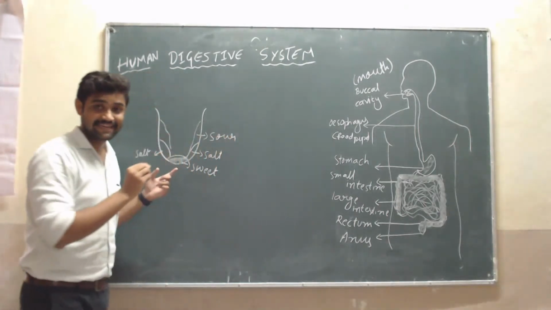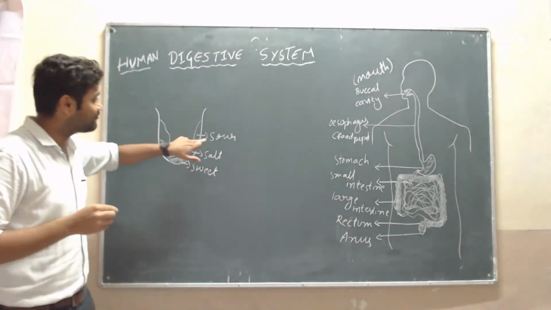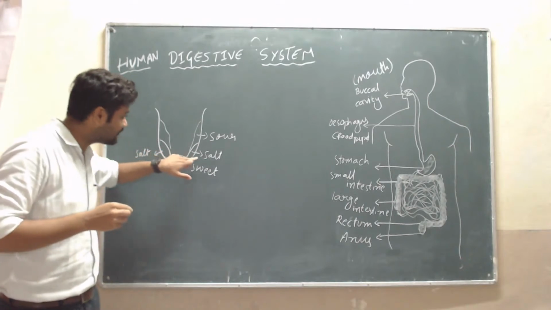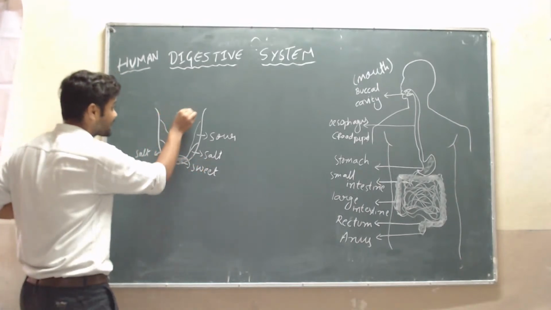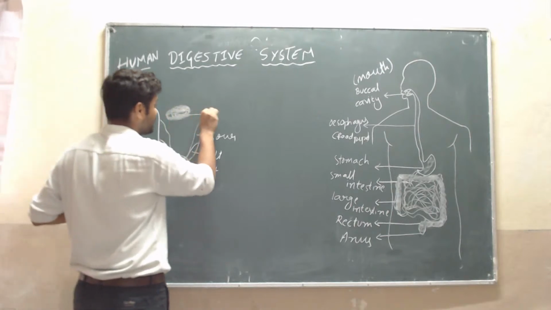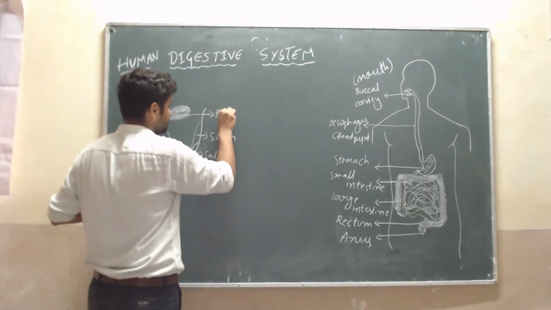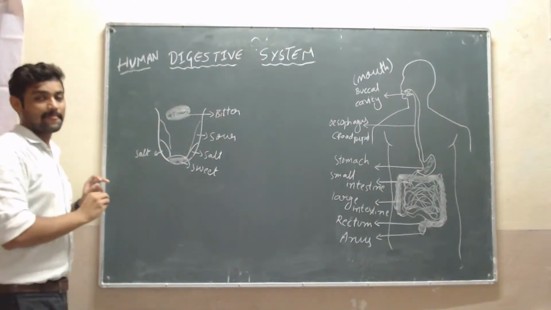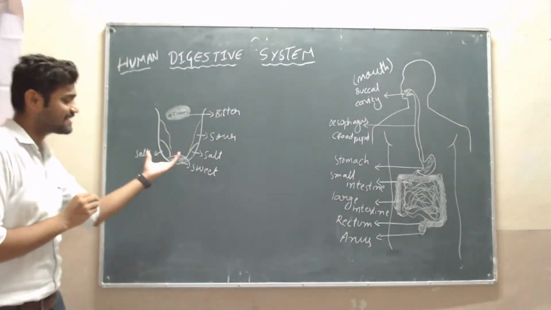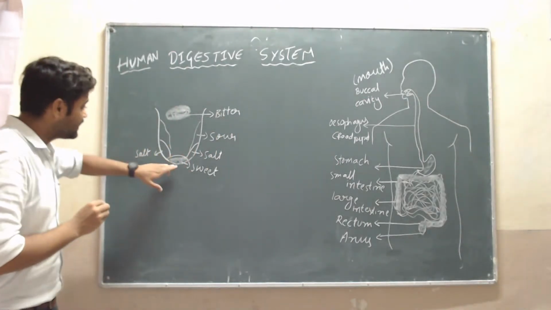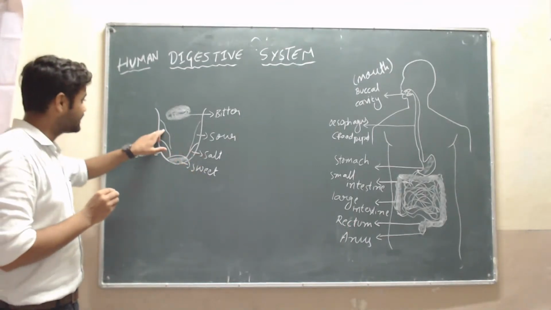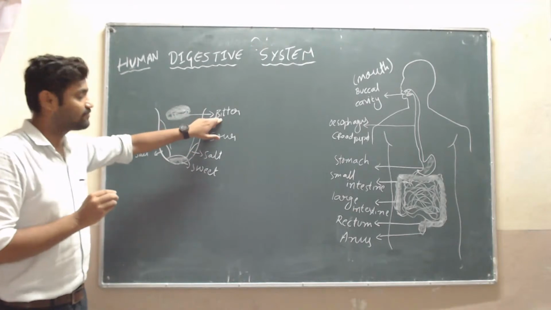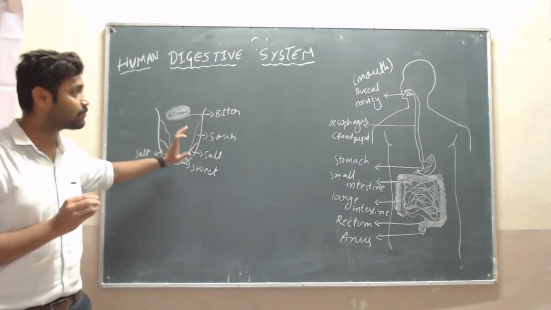And in this area we will feel bitter in taste. Here we feel sweet, here salt, here sour, and here bitter. This is our tongue.